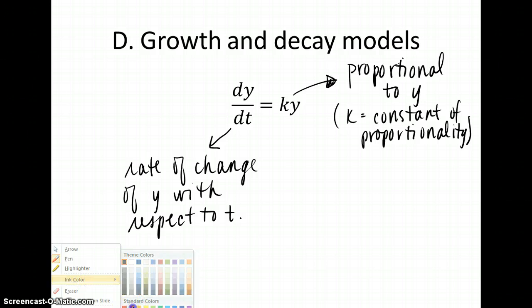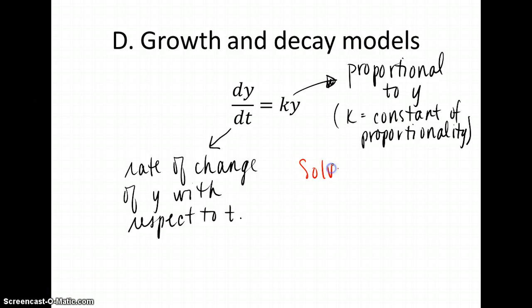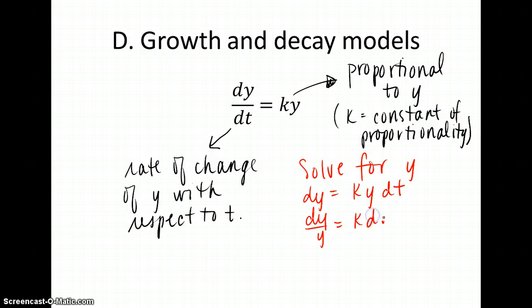Okay, so if we took this and I asked you to solve this differential equation for y, we would separate the variables, and this is something that we may have talked about in class. But if I want to separate the y, get the y's together, then keep k. K is just a constant, so we'll keep that on the right hand side.